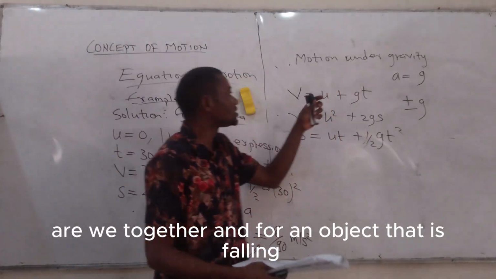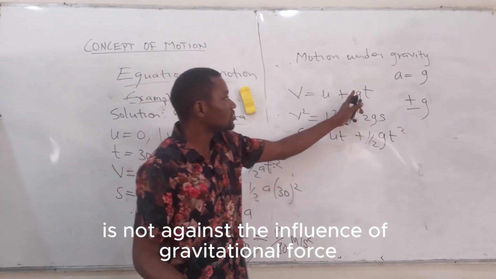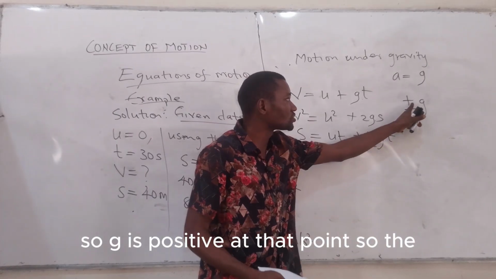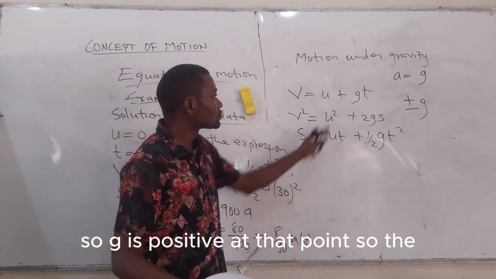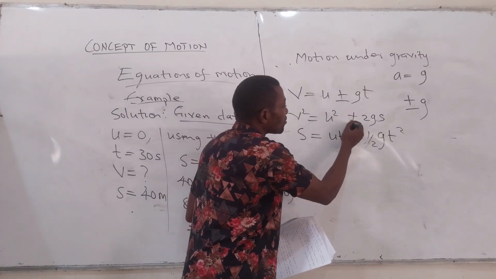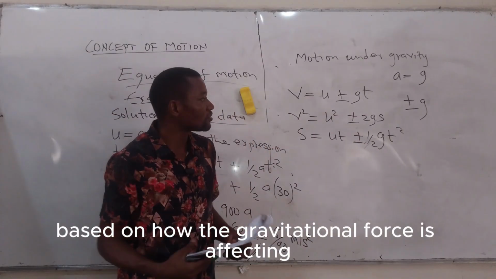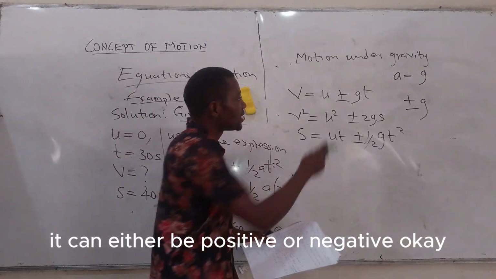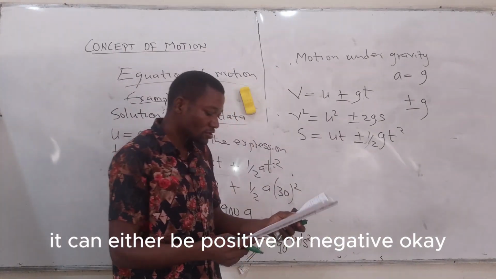And for an object that is falling, it's not against the influence of gravitational force. So g is positive at that point. So this equation varies based on how the gravitational force is affecting it. It can either be positive or negative.